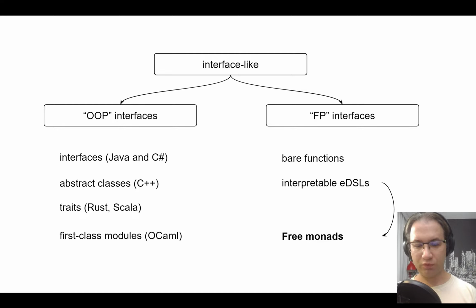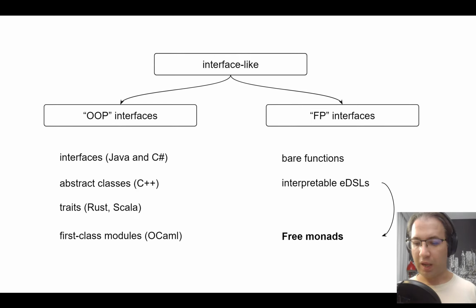I think they invented free monads, but they haven't considered free monads as interfaces, because this topic, what an interface is, wasn't really presented in functional programming discussions some time ago.